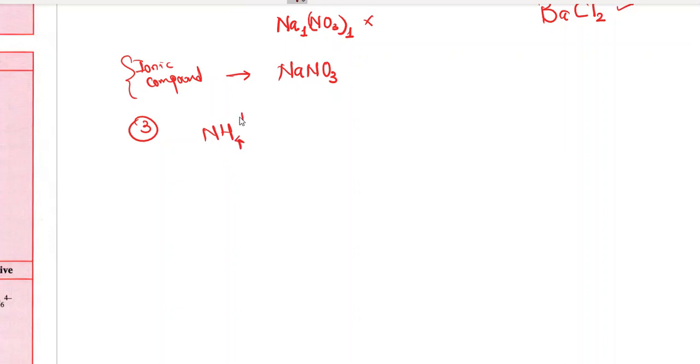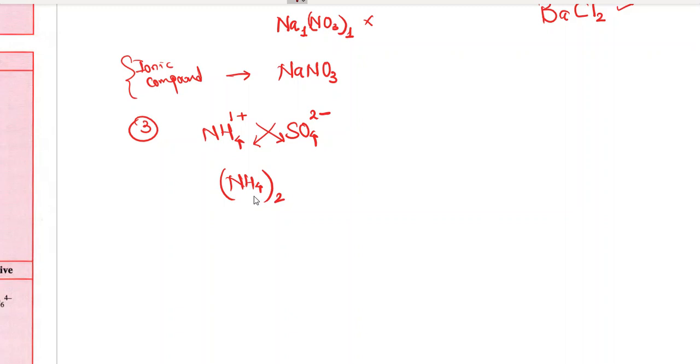NH4 plus, SO4 2 minus. Now plus means 1 plus, right? So we'll do crisscross and we'll get NH4 twice. This 2 comes here in the subscript, but there is already 4 in the subscript of the radical NH4.